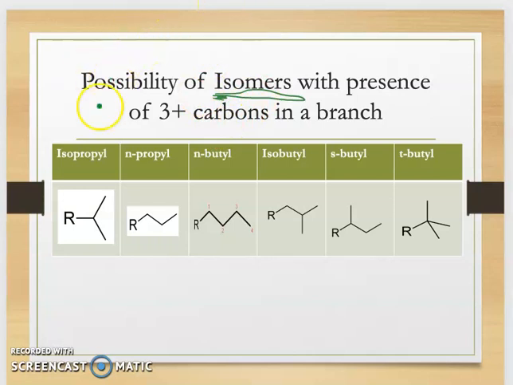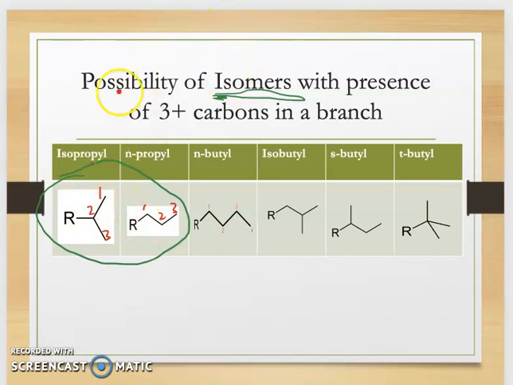So these two here, they're isomers to each other. Why? Because when you count the number of carbons, they're the same. So this one has 1, 2, 3 carbons, this one has 1, 2, 3 carbons. They're the same number of carbons or same chemical formula but different structures.